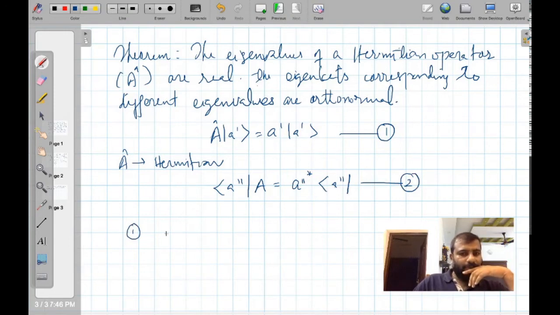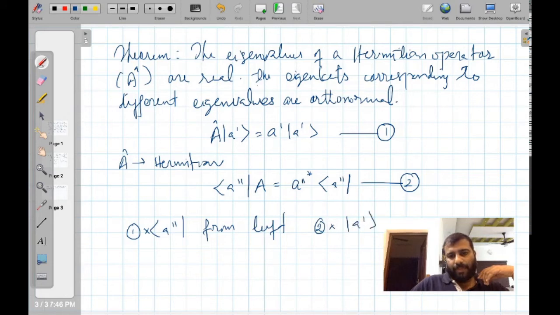Now you multiply equation 1 by bra <A''| from the left, and you multiply equation 2 by ket |A'> from the right.